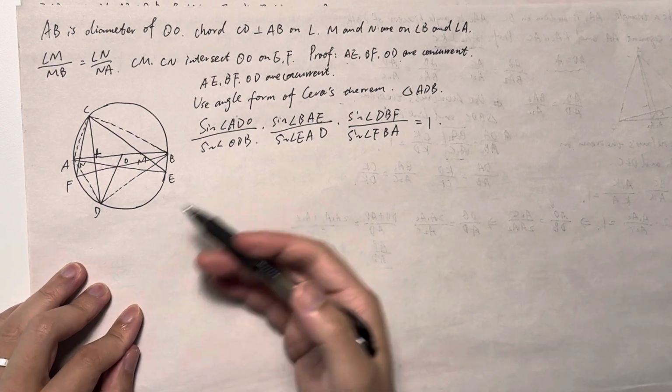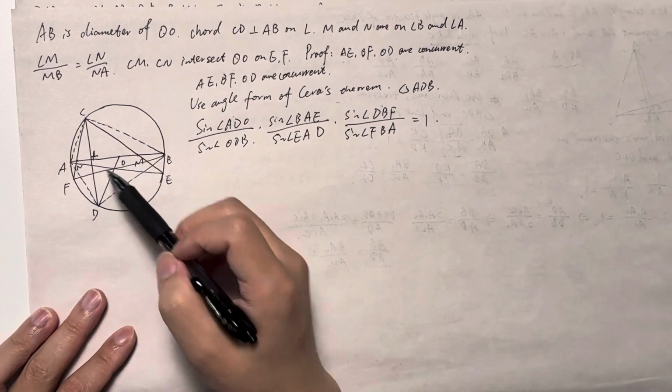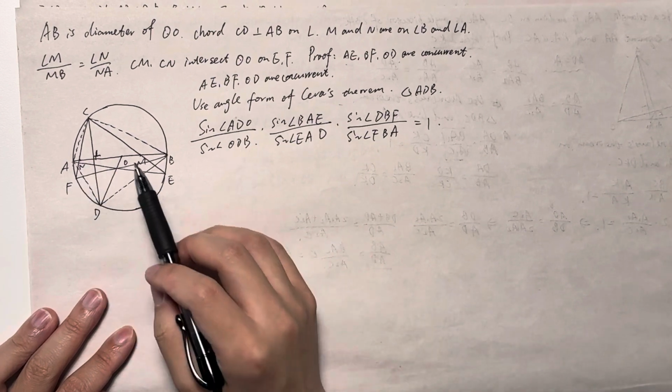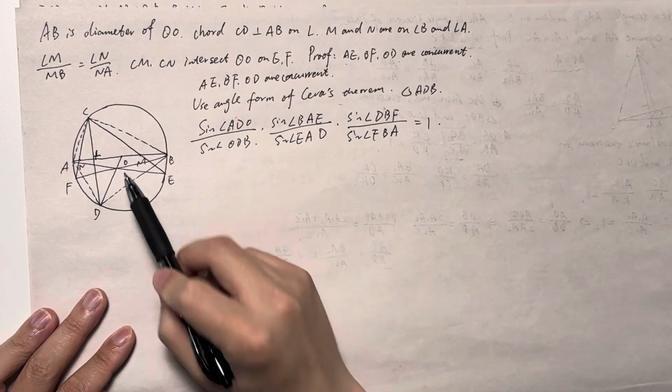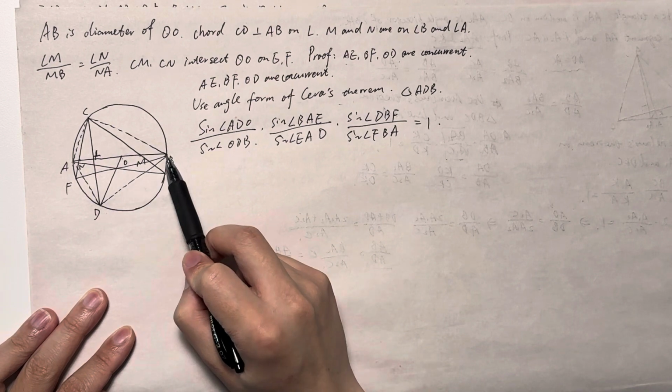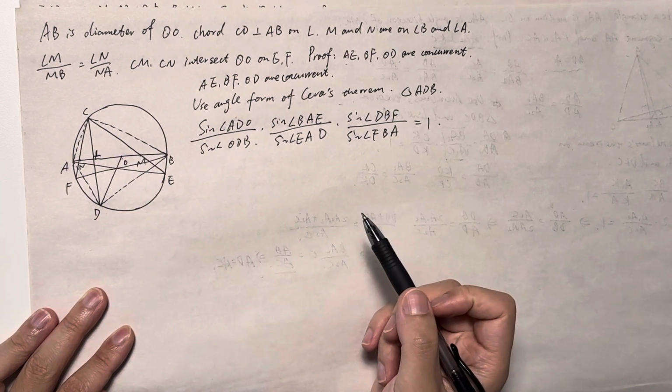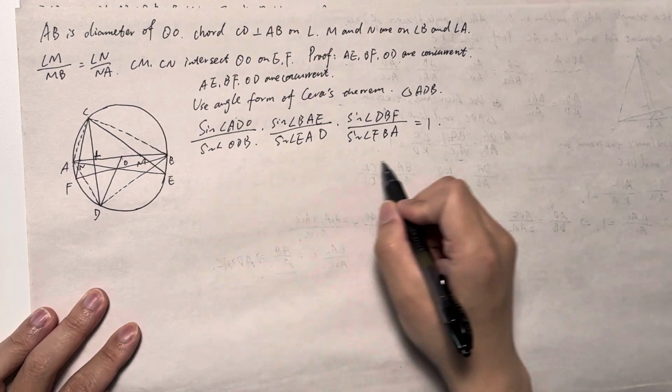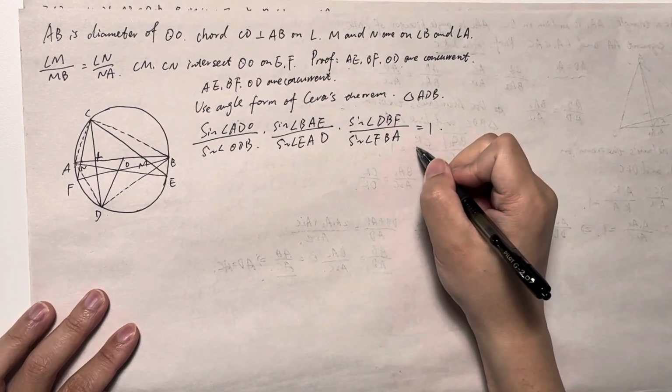Right, so we have a lot of angle equalities here. For the ODB, it equals OBD, which also equals OBC. Now, let's just leave this pending here.